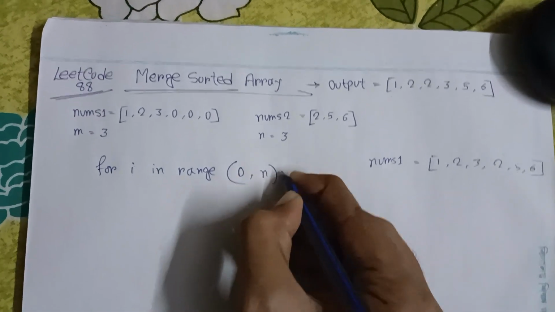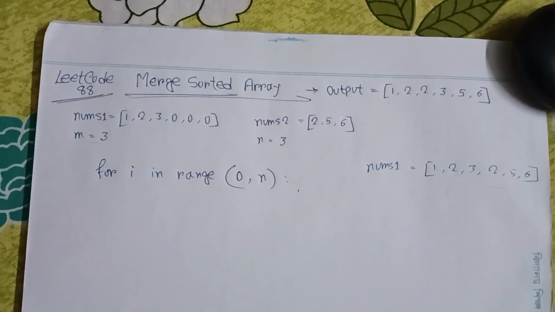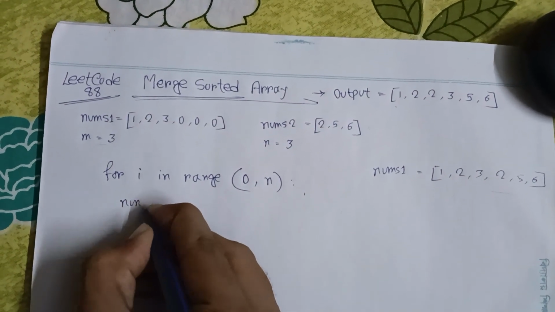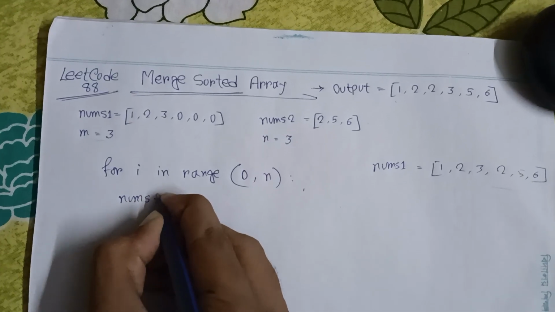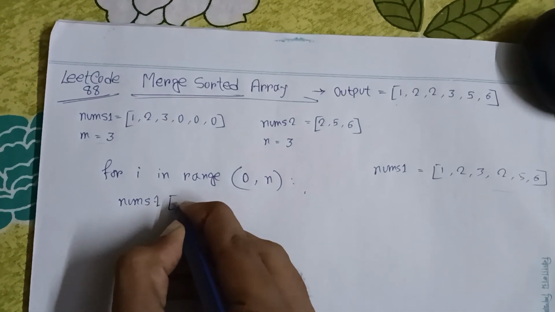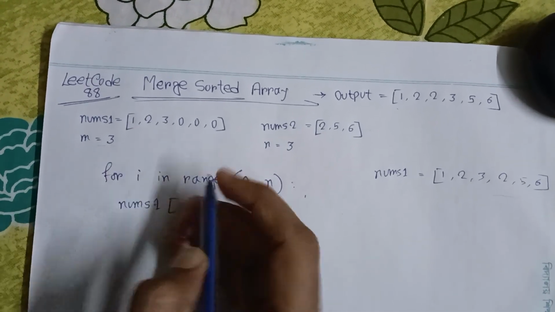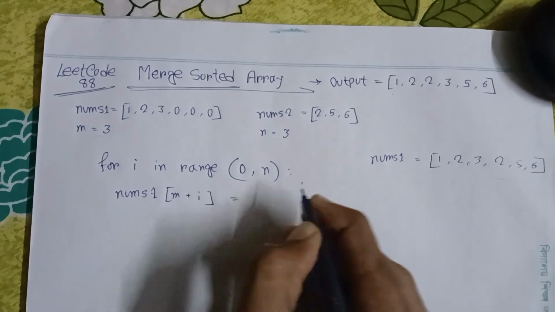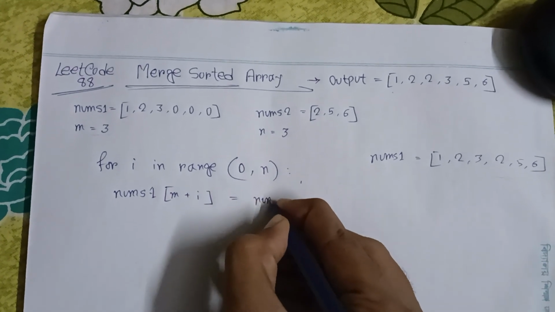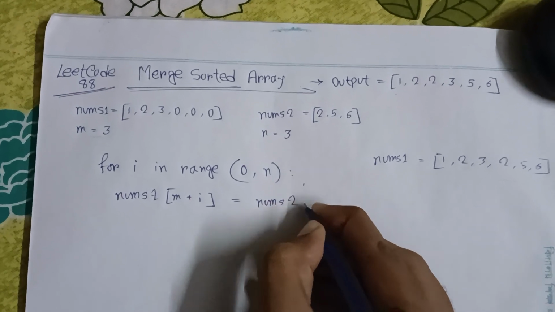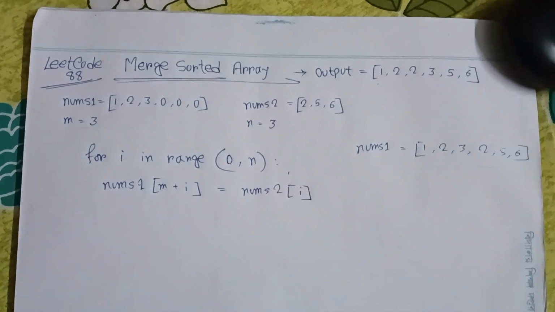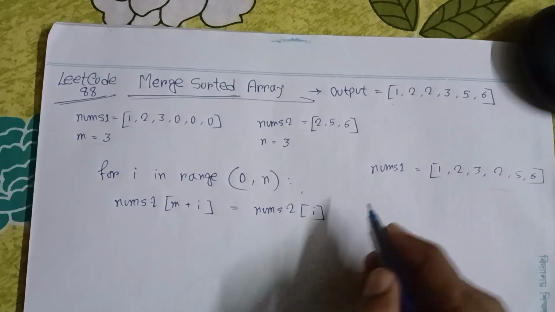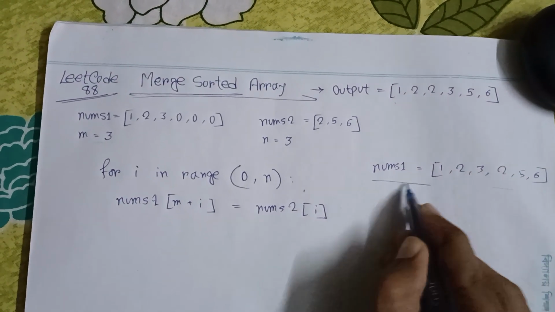Then we access nums1, so nums1 of m, which is 3, m plus i is equal to nums2 of i. Okay, this loop creates this modified nums1.